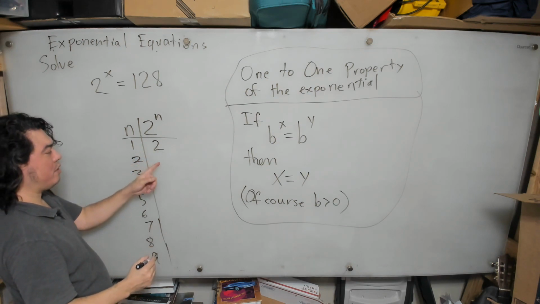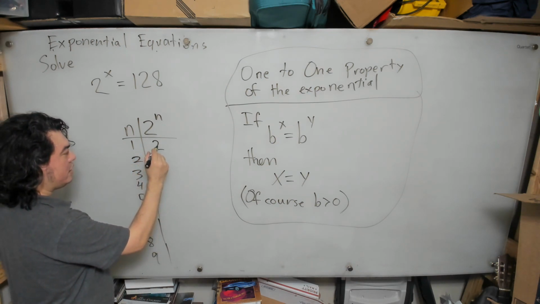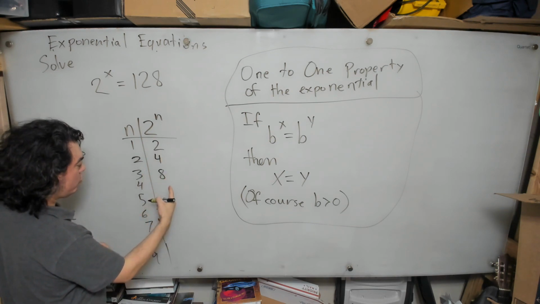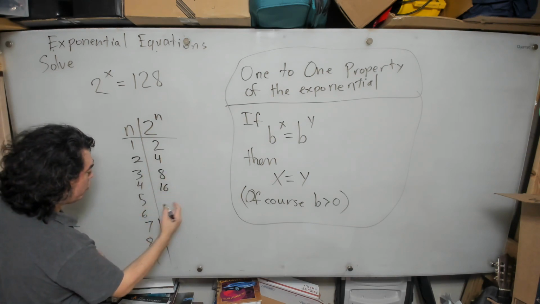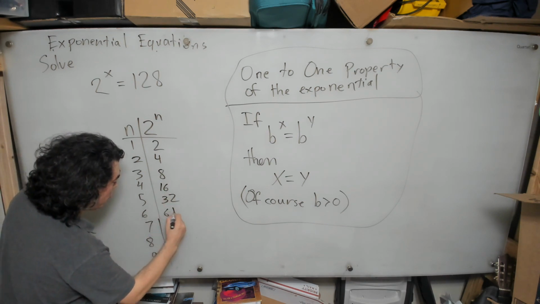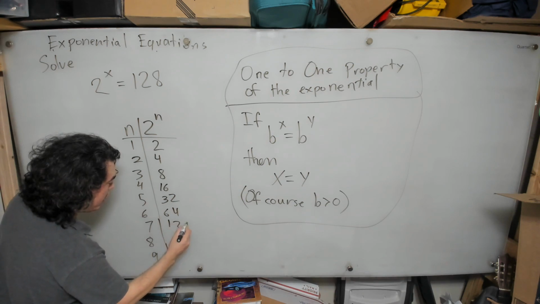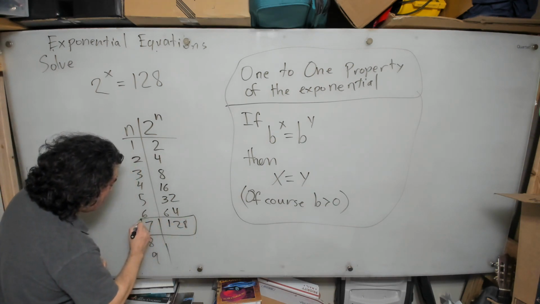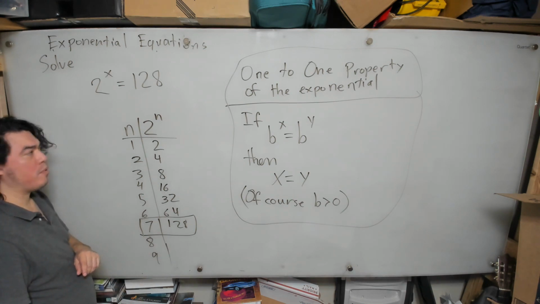I'll just multiply this by 2. So this times 2 is 4. This times 2 is 8. Times 2 is 16. Times 2 is 32. Times 2 is 64. Times 2 is 128. Aha! Look what just happened here. 2 to the 7th power is 128.